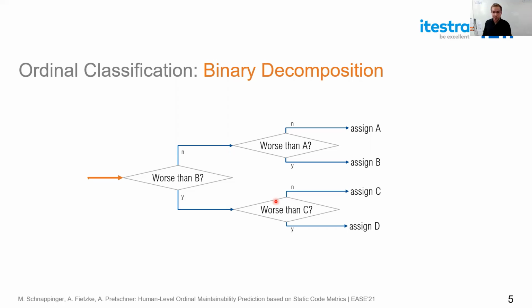Another advantage for practice is that you can customize the decision threshold of each classifier. So in our experiment, we just used a 50% decision threshold to not bias the results too much.